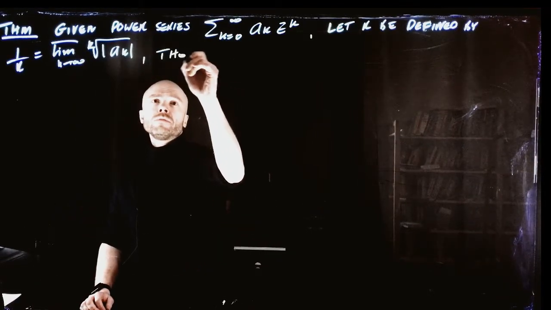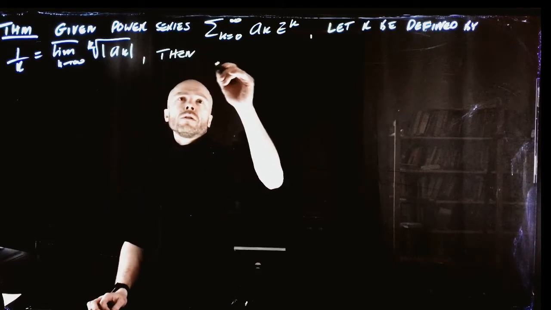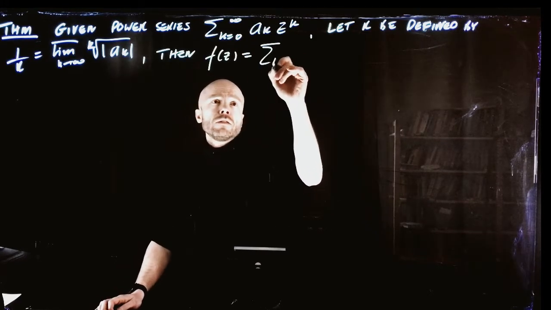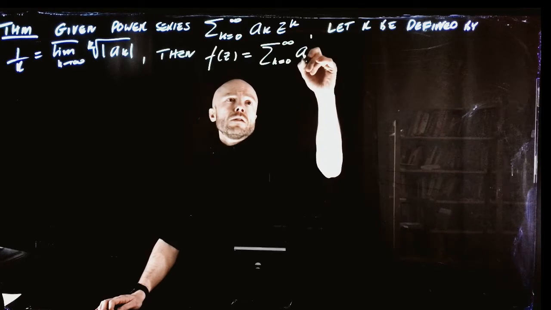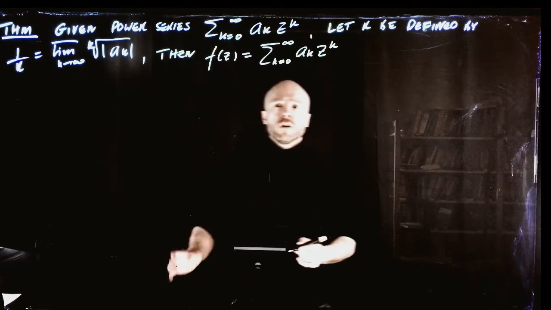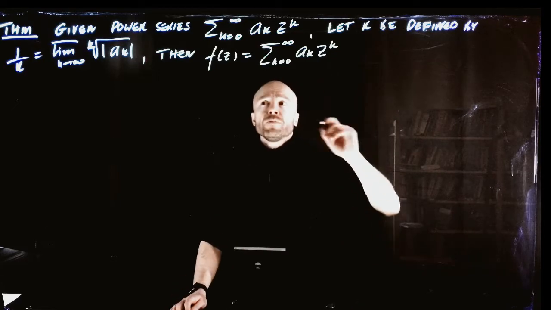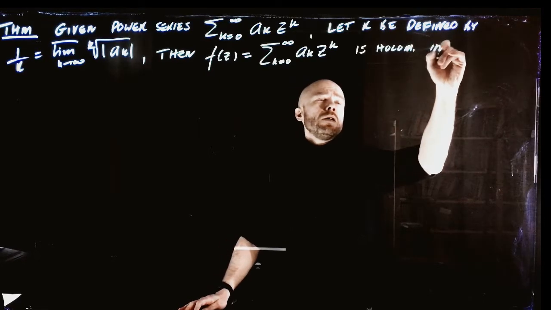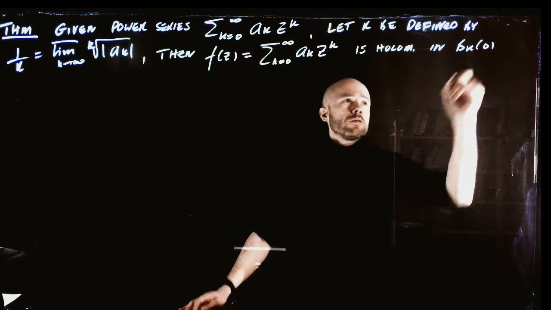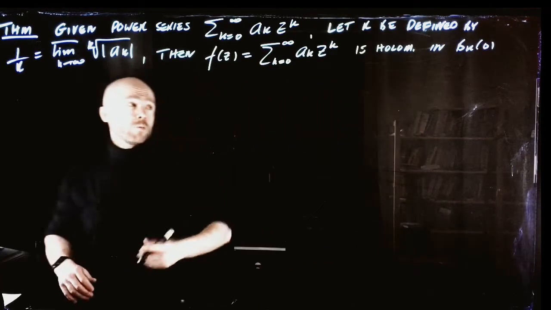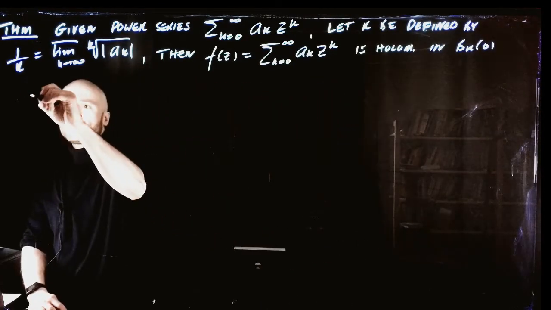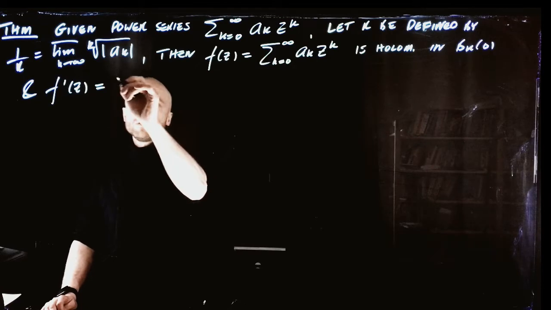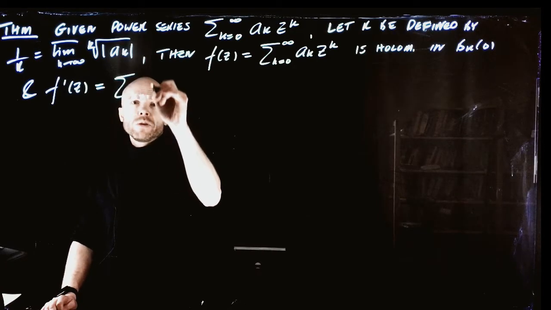Then f of z, since we now know it's defined inside this ball, is a well-defined complex valued function from a ball in the complex plane. Then this thing is holomorphic in this ball of radius r around 0, and the derivative is given by this, exactly what happens when we differentiate term by term.